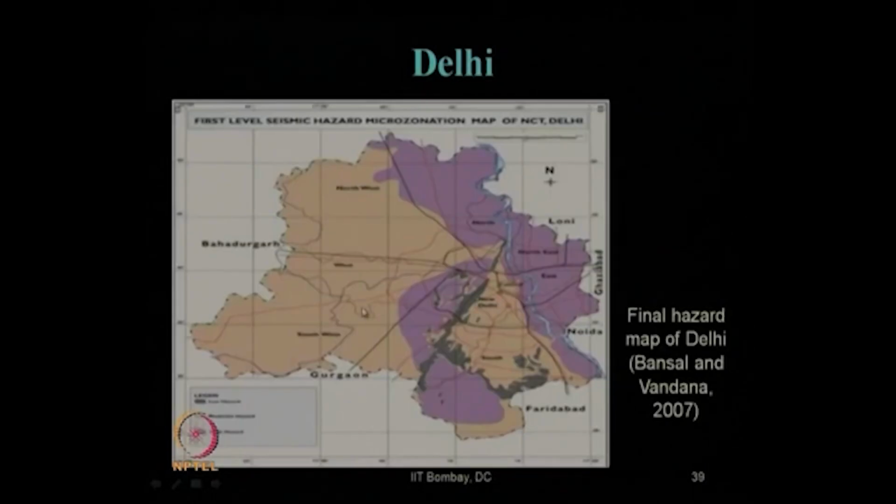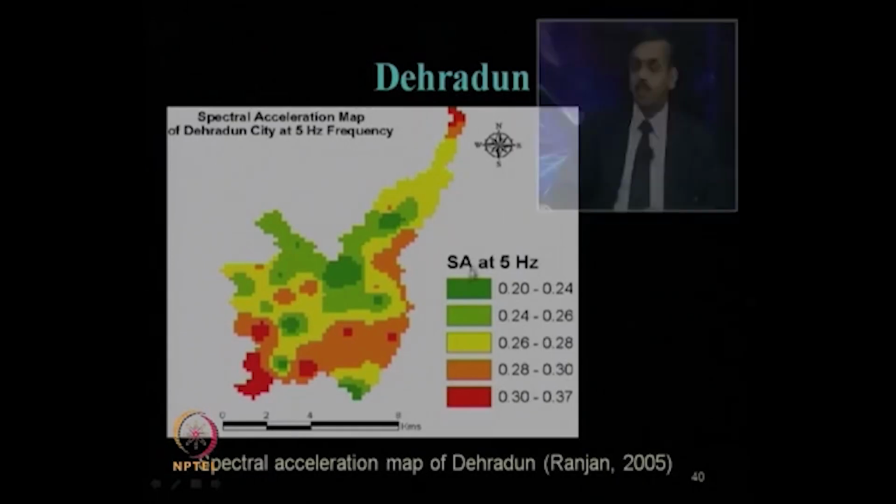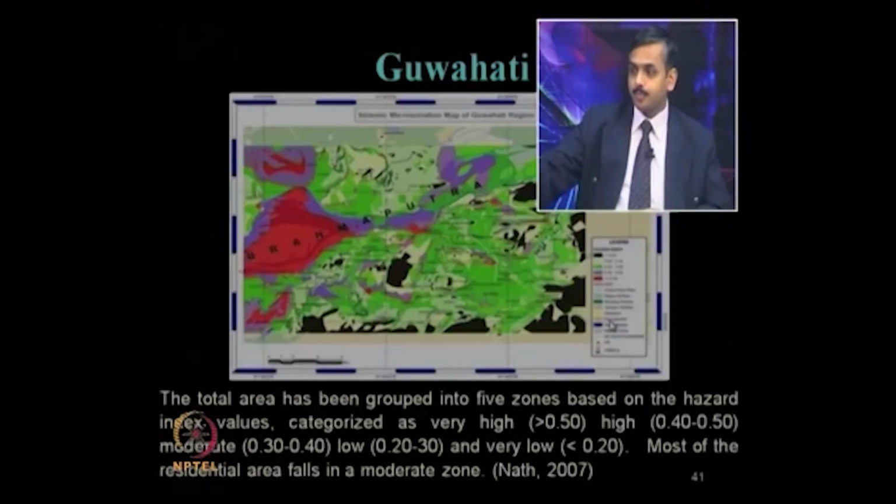They have given for the Delhi region, like Bansal and Vandana 2007, the seismic hazard map for Delhi city also in this fashion. For Dehradun city, Ranjan 2005 gave the spectral acceleration hazard map at 5 Hz frequency in different bracketed zones of spectral acceleration values.